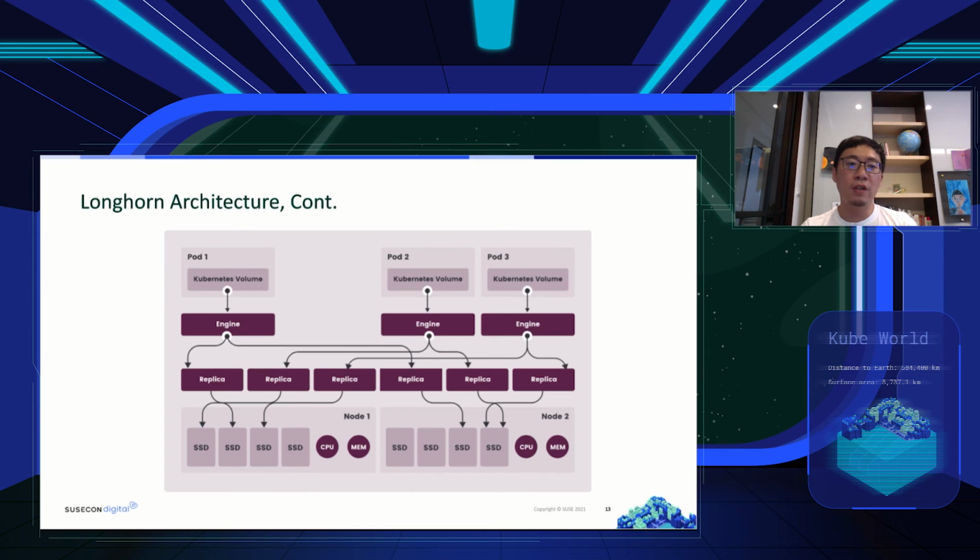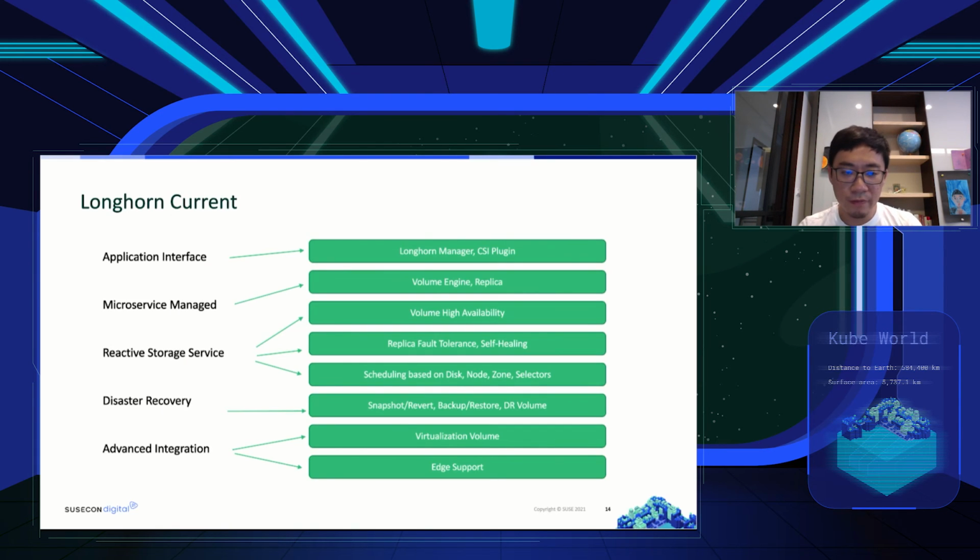So this is why Longhorn adopted this kind of reactive pattern to make sure that the engine, replica, and other functionality work as expected. So this is the Longhorn architecture.